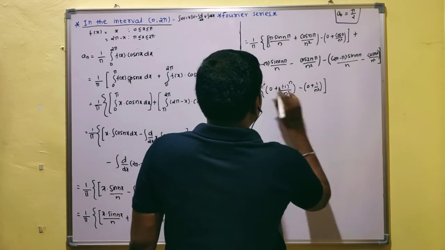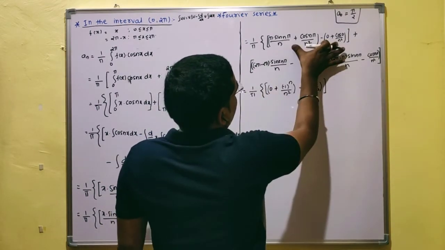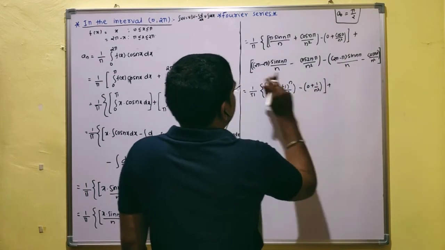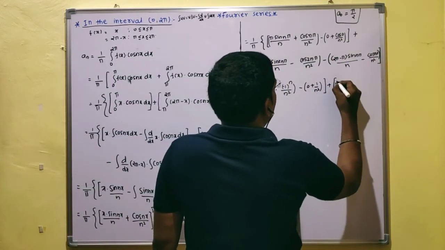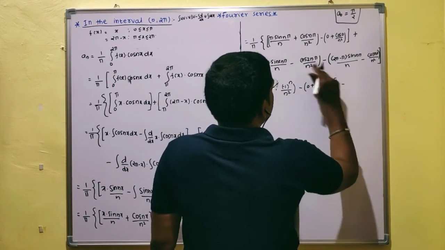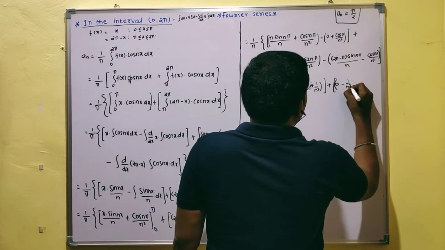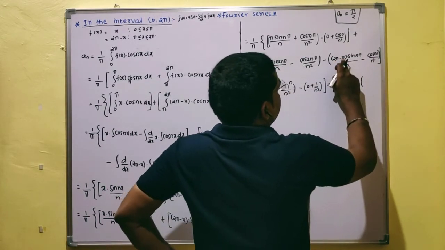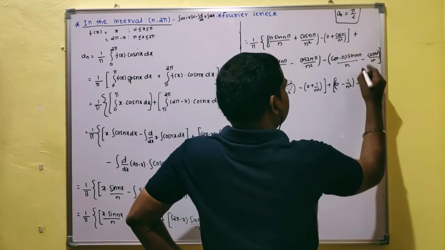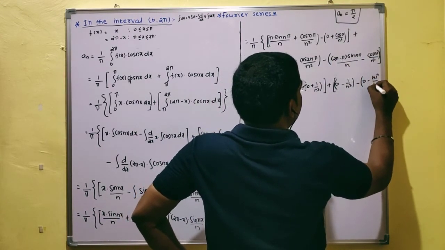Now we solve this bracket, plus again 2π minus 2π is 0, so this value is again 0. Again minus cos 2nπ is 1 upon n square, minus, for this 2π minus π is π, and sin nπ is 0, minus cos nπ is minus 1 to the power n divided by n square.